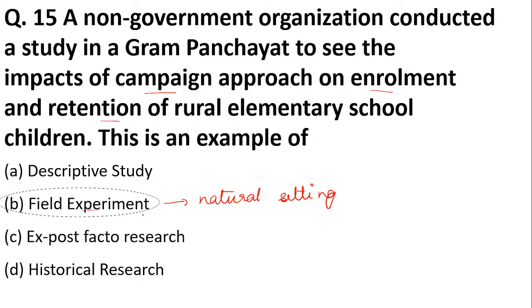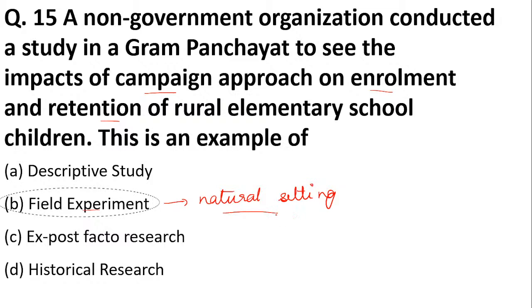The setting is not altered. In the natural setting, you do the research. For example, many times you might have seen you bring animals into the lab and then you put them into some kind of a room and then you try to look at their behavior. So that is not field experiment. You are changing the natural setting. Field experiment is when you are keeping the natural setting and then you are doing the research.